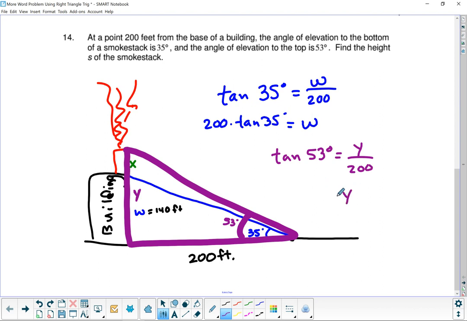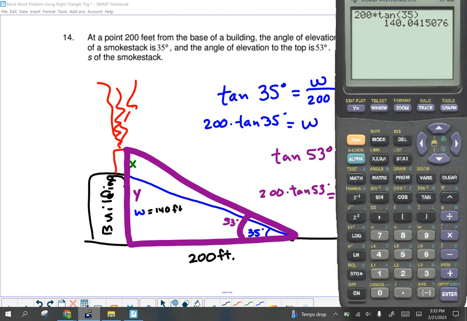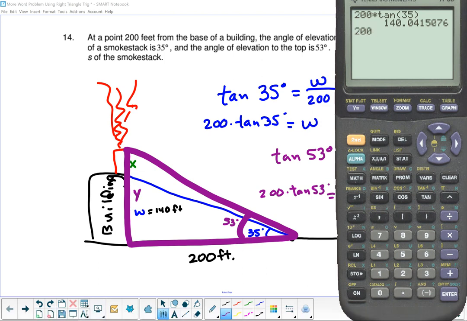So y equals 200 times tangent 53. Pretty much the same idea. Don't put 35 again, it's 53 now. So from the bottom of the building to the top of the smokestack is 265.4.